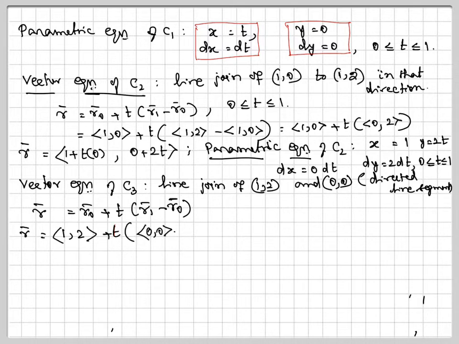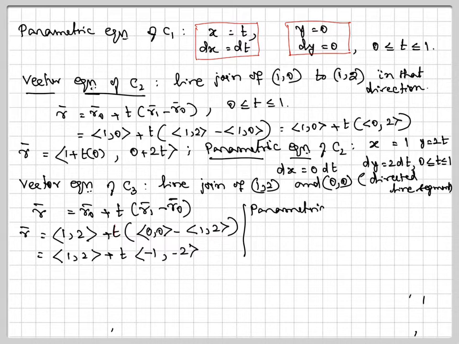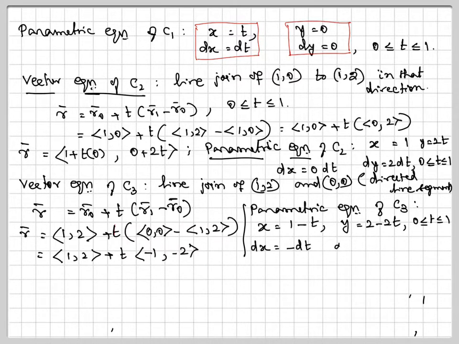Then t times (r1 minus r0), that is the vector (0, 0) minus the vector (1, 2). So r equals (1, 2) plus t times (-1, -2) in component form. So the parametric equation of C3 would be x equal to 1 minus t and y equal to 2 minus 2t. Now dx equal to negative dt and dy equal to negative 2 dt.